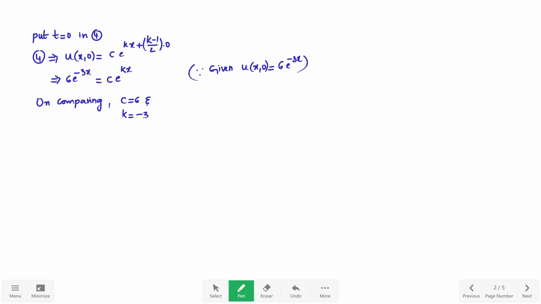After getting these values, we put c = 6 and k = -3 in equation 4 to get the solution free from arbitrary constants. Then we get u(x, t) = 6 e^(-3x - 2t), which is the required solution for the given partial differential equation under the given condition.